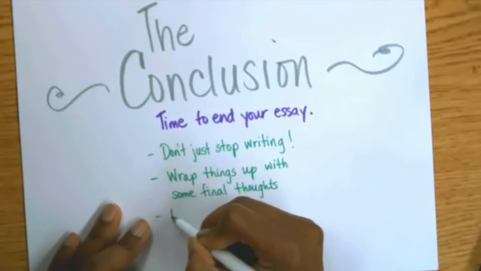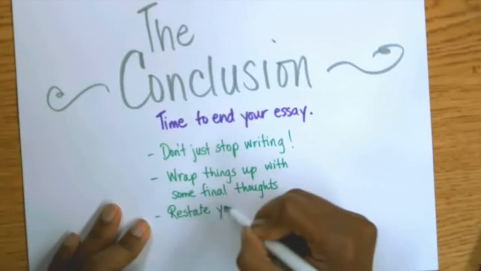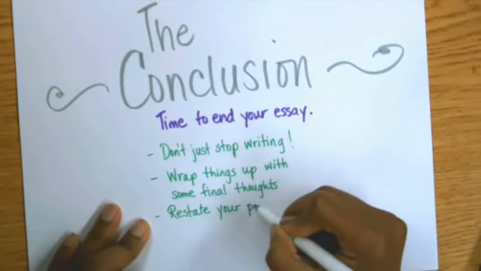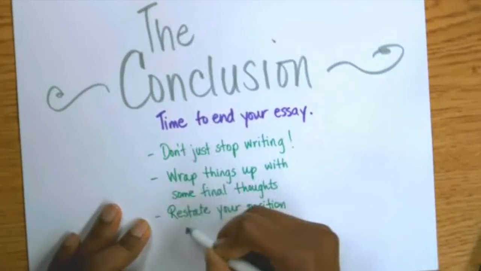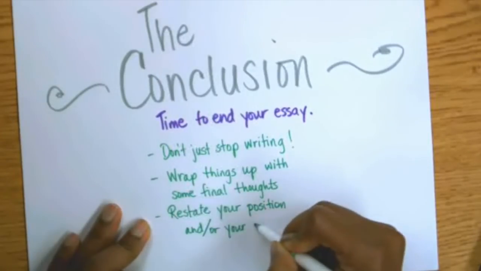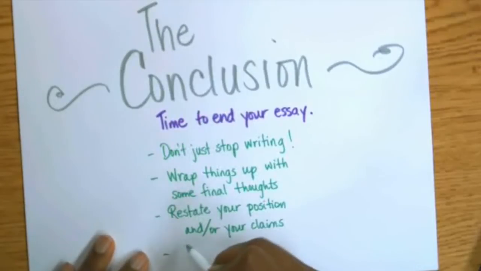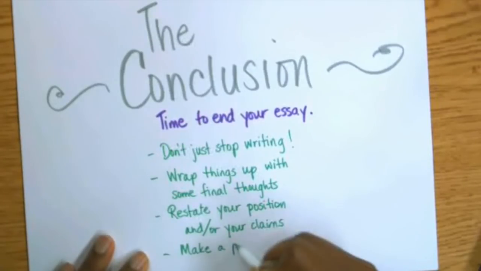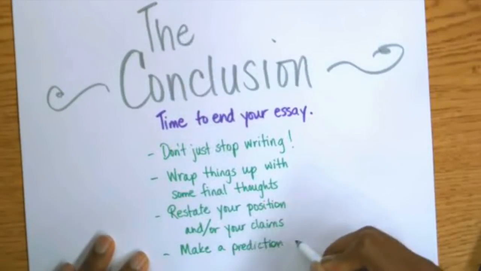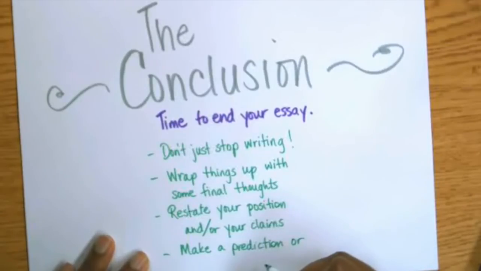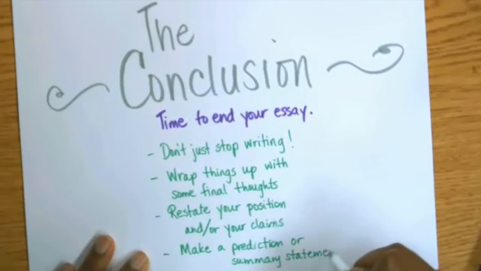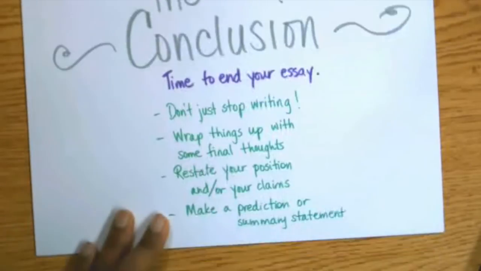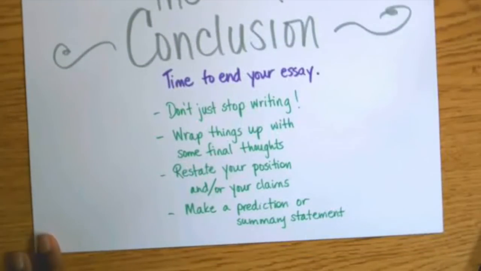Maybe restate your position. Maybe restate your claims. One interesting way to end is by making a prediction or promise related to the position that you argued, or some type of summary statement. But you just don't want to stop flat by just stop writing. You have to find a way to wrap it up.